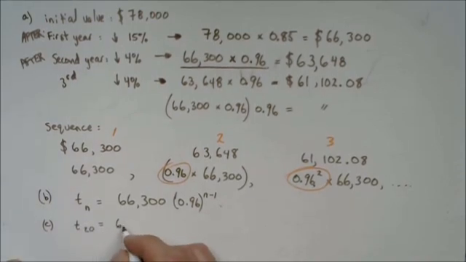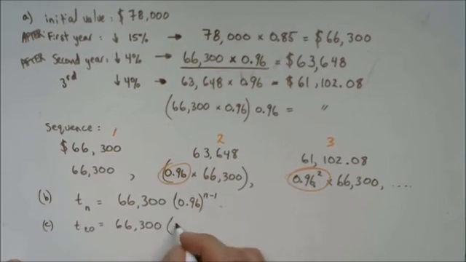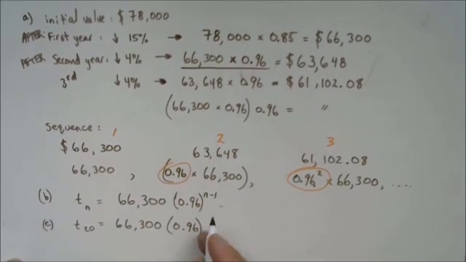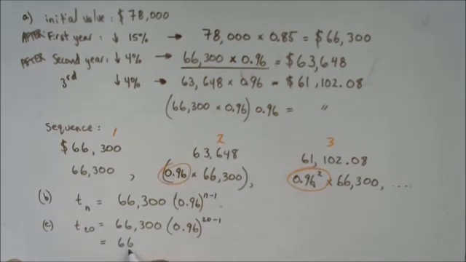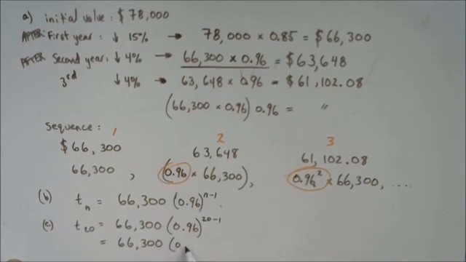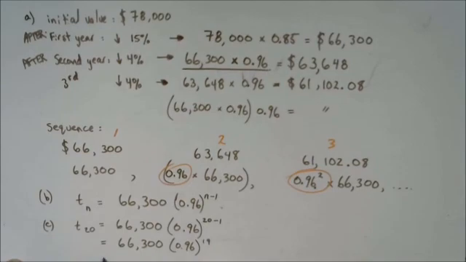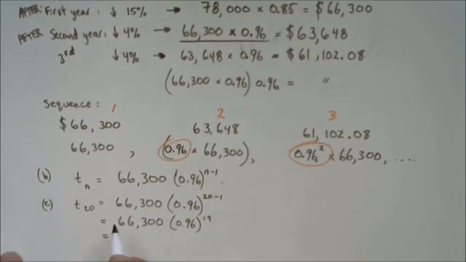Sub in 20. 66,300 times 0.96 to the power of 20 minus 1, which is, I'll write it all out for us, 66,300 times 0.96 to the power of 19, and click, click, click, click, that value is approximately $30,525.79. All right, so that's what our formula says.